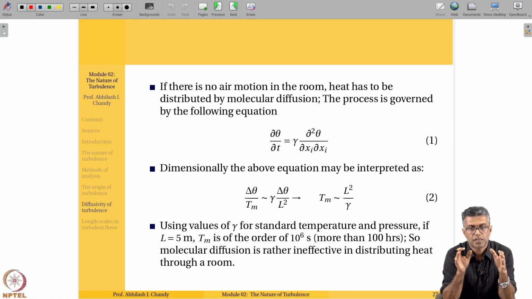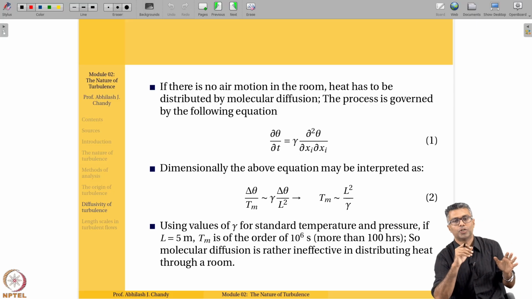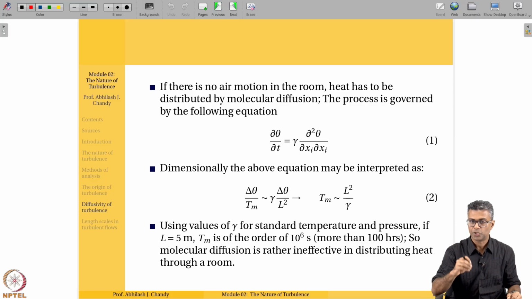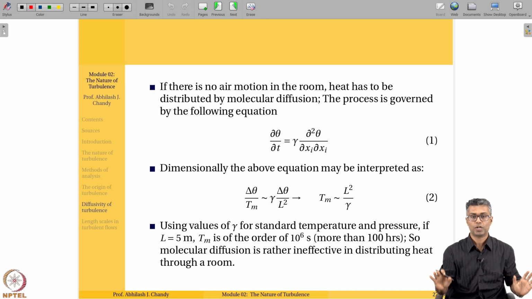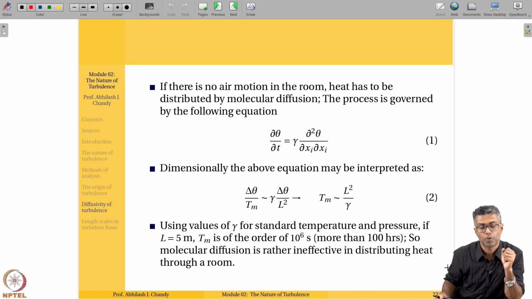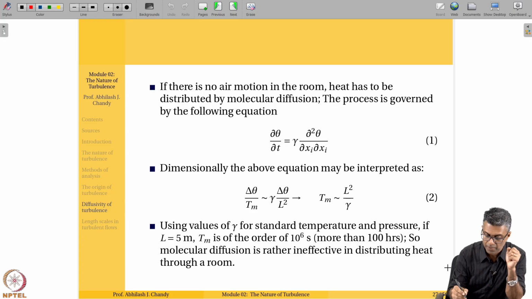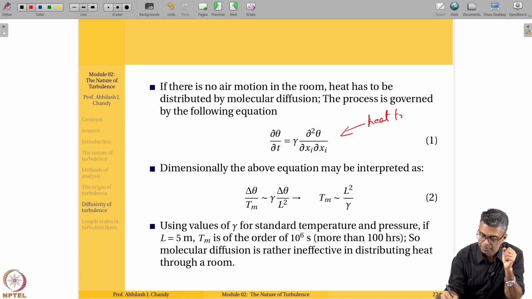Now consider in this room, first, the case where there is no air motion. There is a heater that is generating heat. Now the heat is distributed into the room. If there is no airflow, the heat is distributed in the room purely through molecular diffusion, and the process is governed by the equation shown here. This is the heat transport equation.